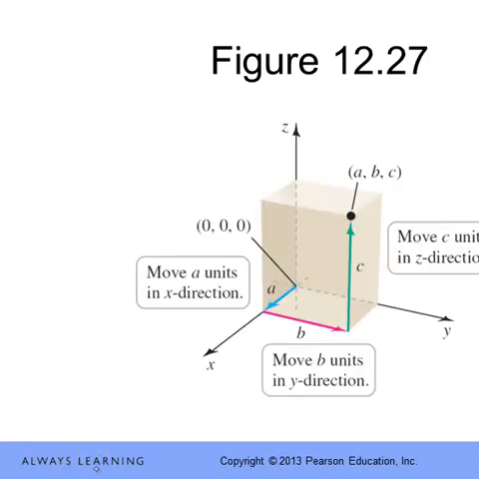All right, so how we find the coordinates of a point in 3 dimensions is really analogous to how we do it in 2 dimensions. We just go so many units in the positive x direction, and so many units in the positive y direction, and so many units in the positive z direction.